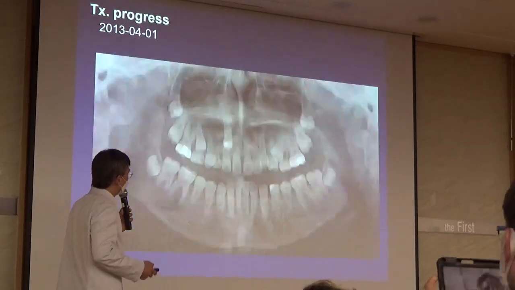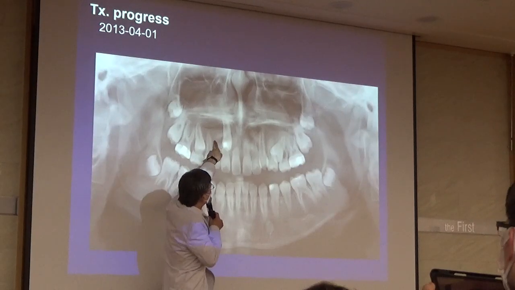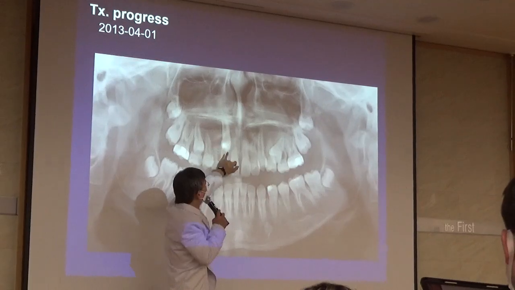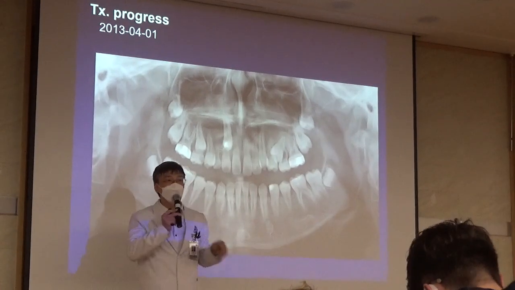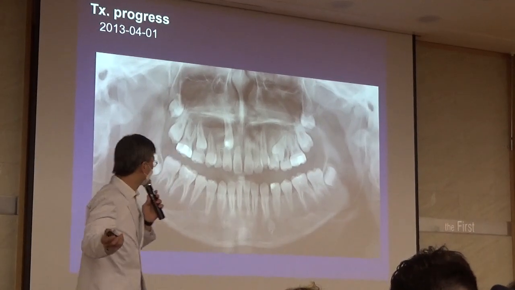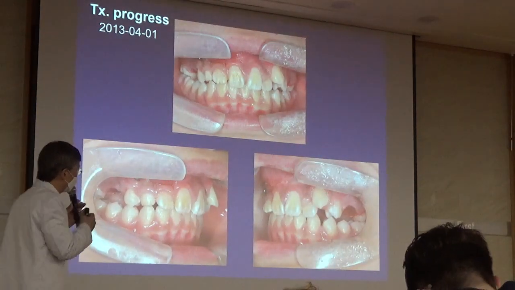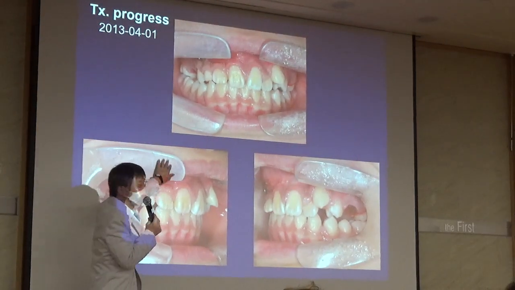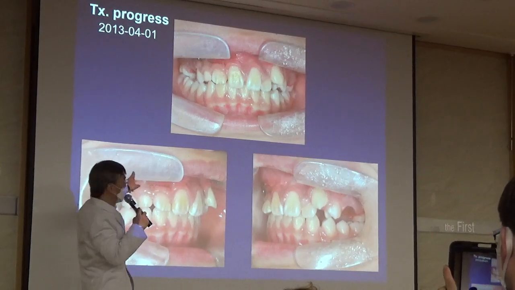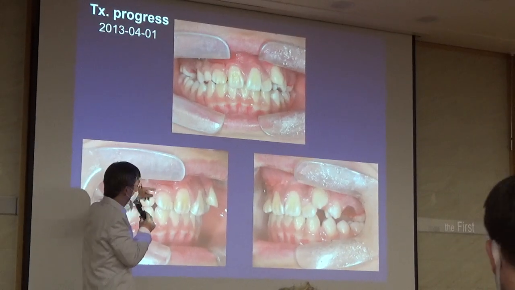At this point, we inserted the miniscrew here to move it aside from the lateral incisor. And this is it. Still, the canine is in here. There's a single force to move the crown to the distal side.